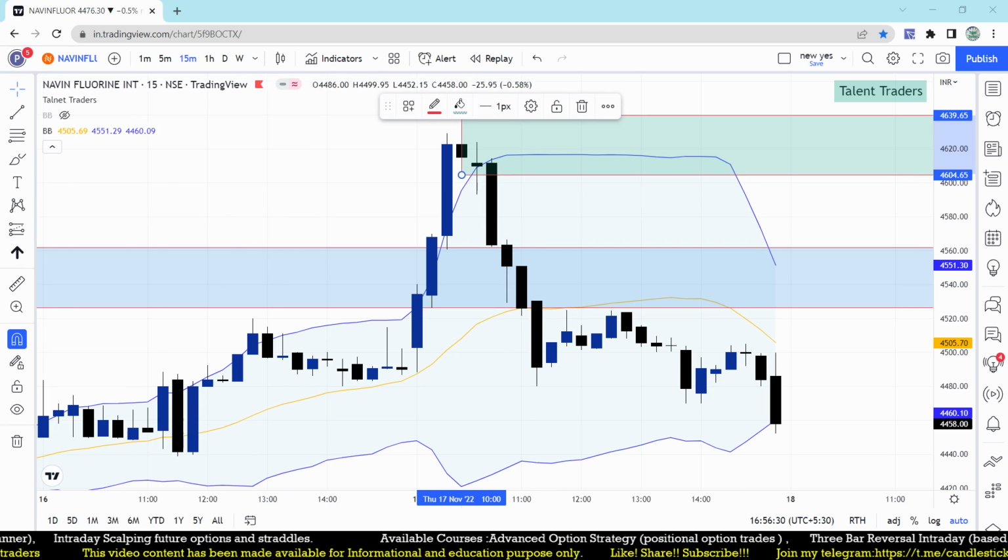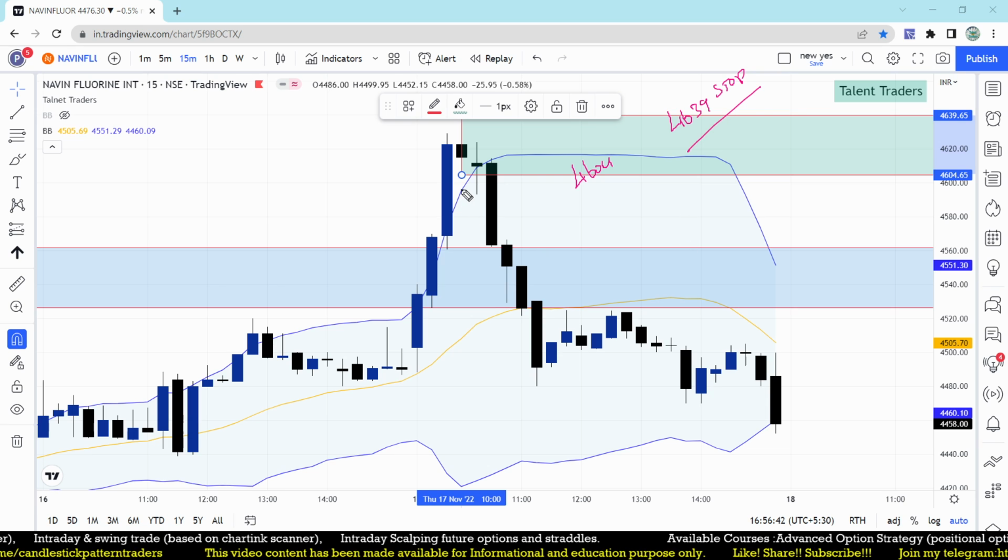Today in the live session, we found this stock with about 4,604 as our entry point and 4,639 as the stop loss for the trade. When the price got triggered at this bottom, the stock came down to 4,460. I tried to take the options trade in this stock, but it's not quite liquid.